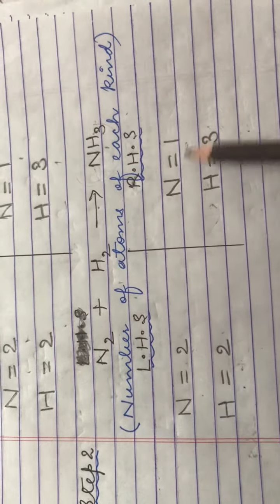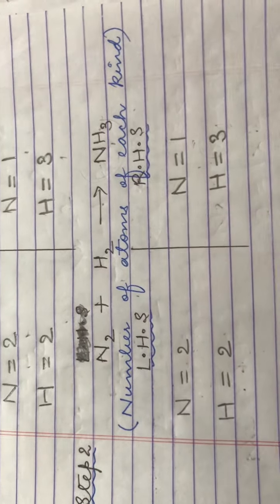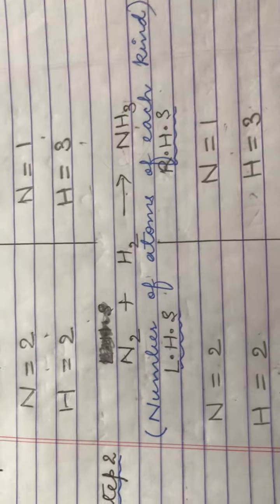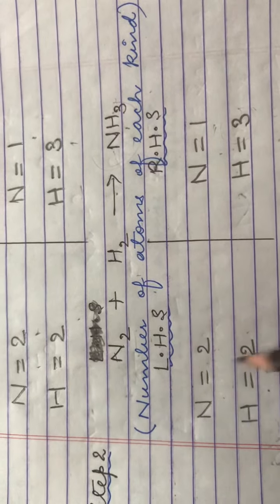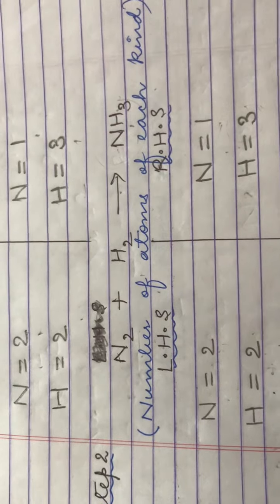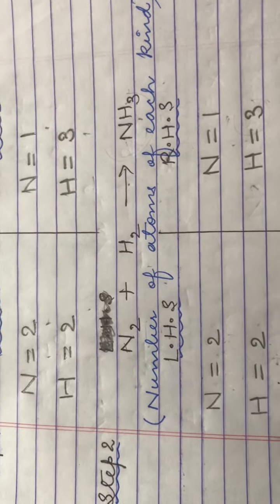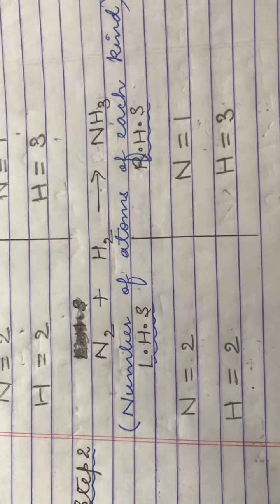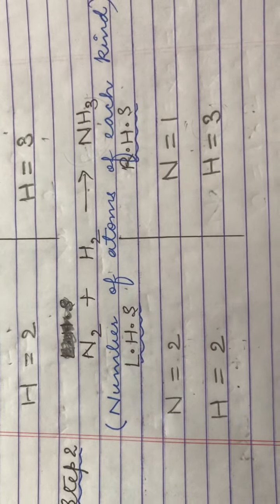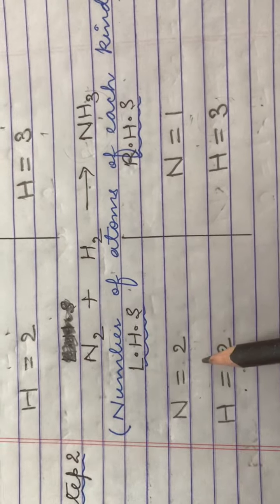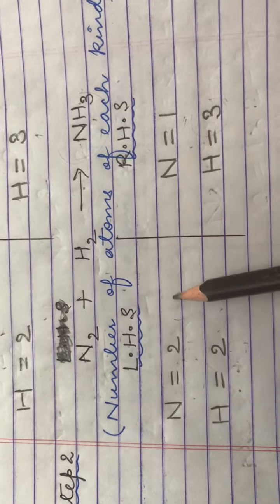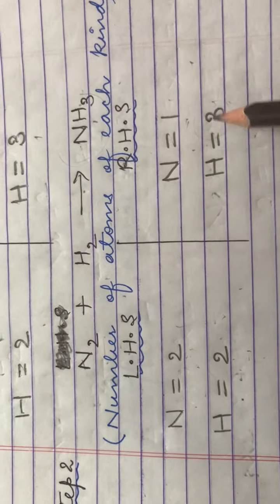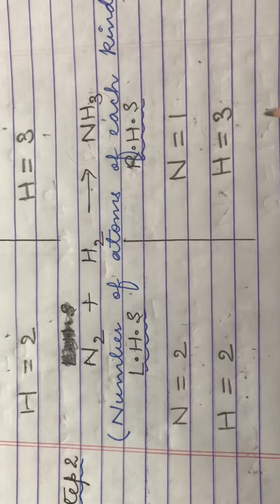Now we need to decide on what basis we are going to balance this equation. Amongst the 2 atoms, we have to decide which atom to balance first. We always start with the number which has to be increased to a very small extent, that means the least number to be increased. So if we compare nitrogen and hydrogen, nitrogen on the right hand side has to be made 2, and the number of hydrogen atoms cannot be reduced.